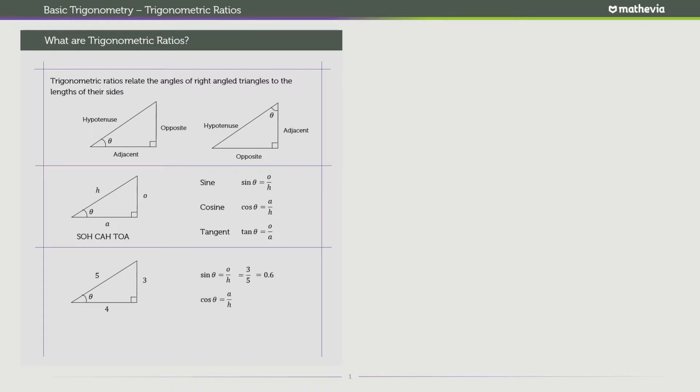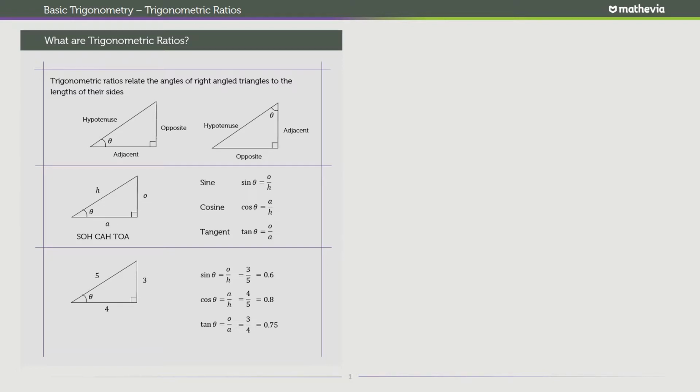Similarly, the cosine is the adjacent over the hypotenuse, so 4 over 5, which gives you 0.8. And then tan theta is O over A, which gives you 3 over 4, which is 0.75, the opposite over the adjacent.